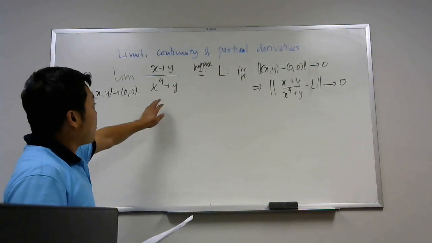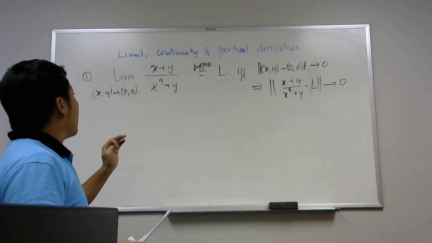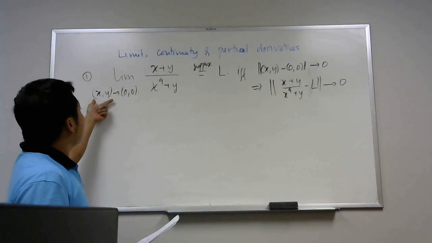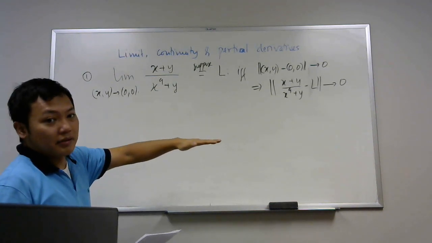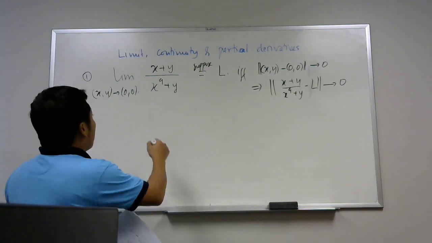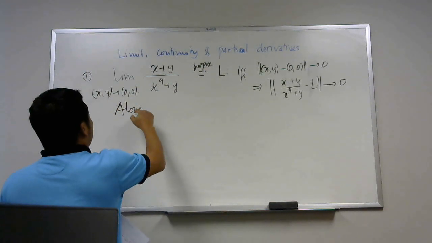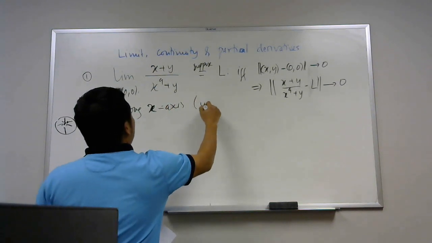So in this case, we can imagine that, for example, if you choose to approach (0, 0) along the x-axis, that means y equals 0.